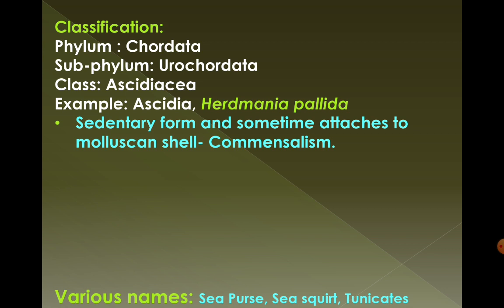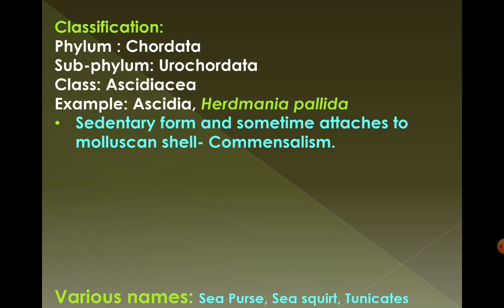Now how does it choose a substratum during the process of metamorphosis? It just sinks down to the bottom. Whatever substratum it gets fixed onto, this substratum could be a rock or sand, or it could be even a molluscan shell. Now what happens when it gets attached to a molluscan shell?